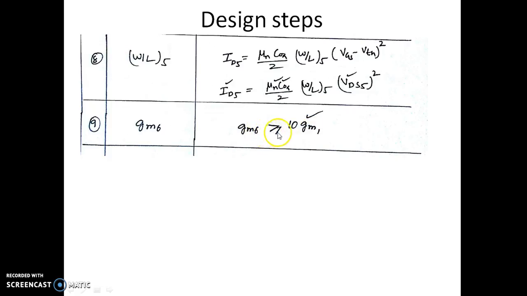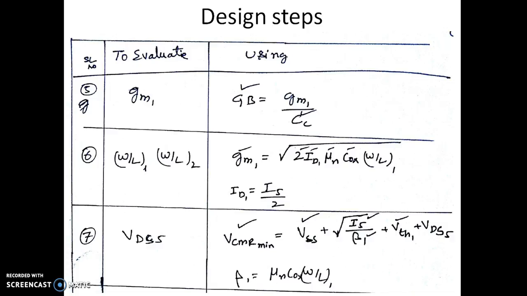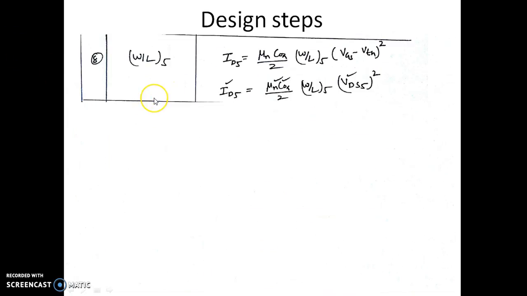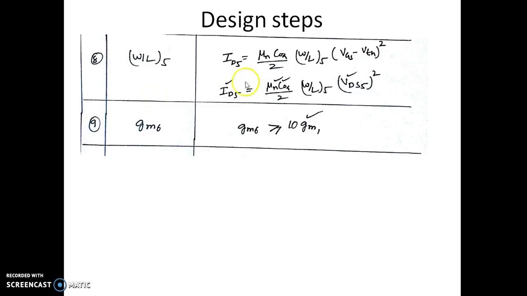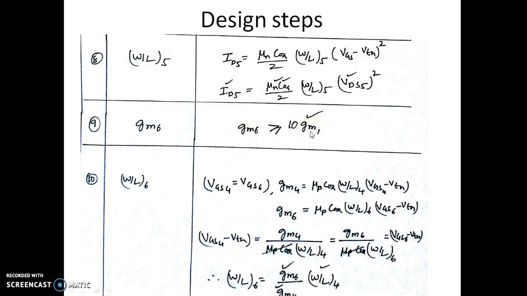GM1 we already found in the previous step, that is the fifth step. So to find GM6, it is 10 times GM1.